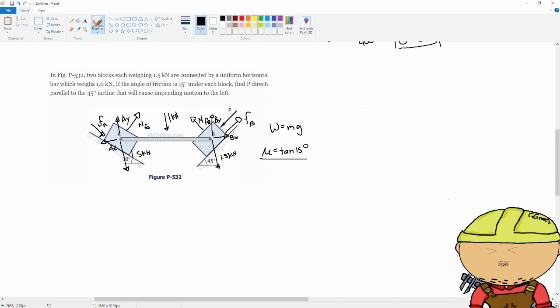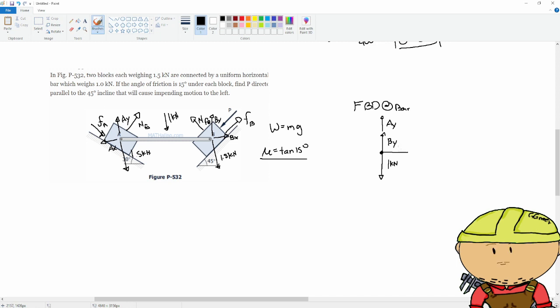So first off, let's do the FBD for the bar. For the bar, we have a downward force, 1 kilonewton. We have an upward force, BY, and an upward force, AY. We basically write down all the forces that we could think of.